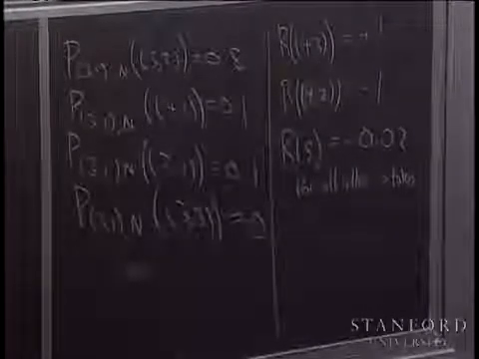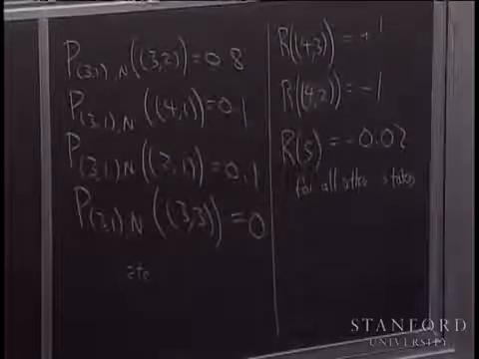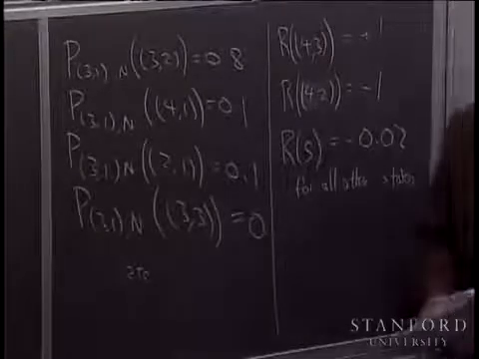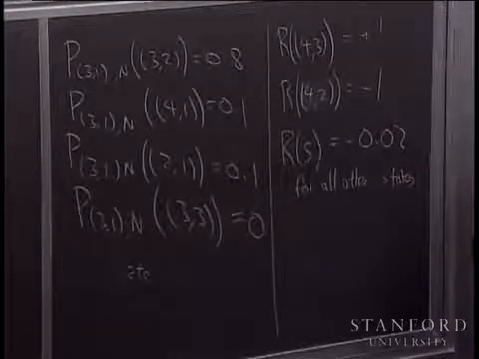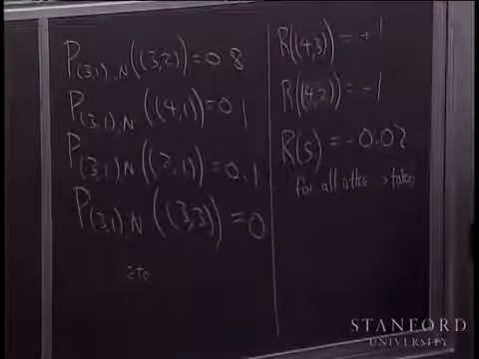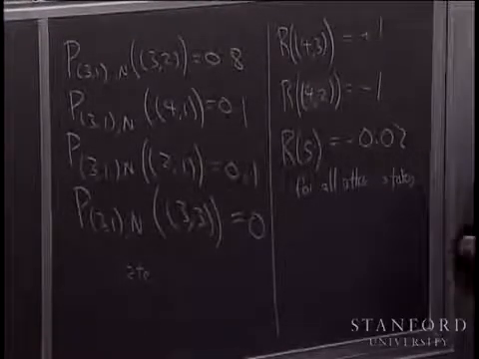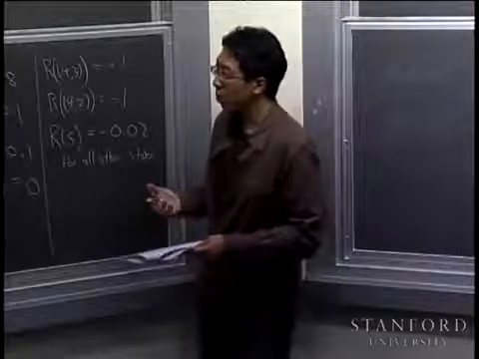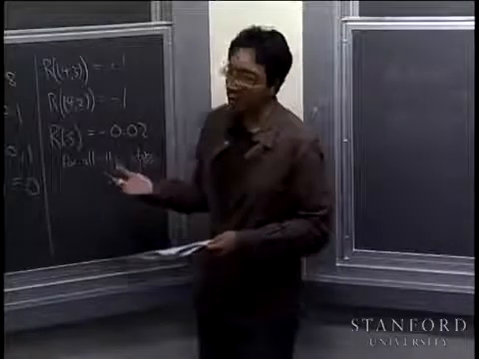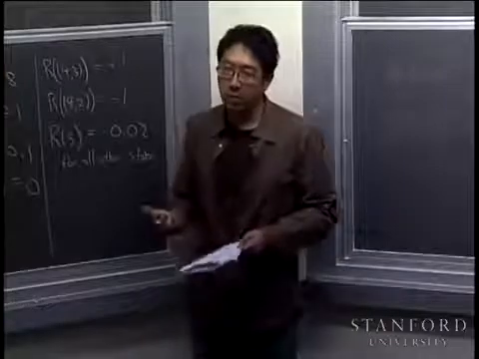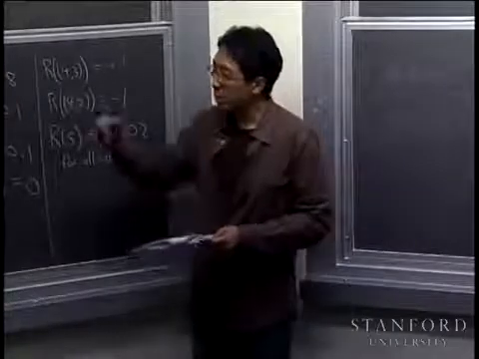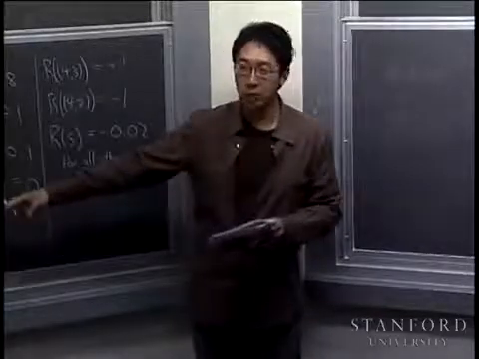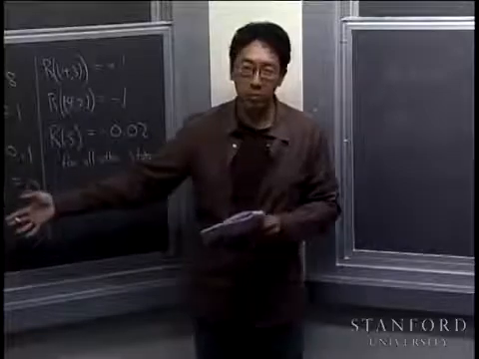Let me just mention there's one other complication that I'm not going to worry about. In this specific example, I'm going to assume that when the robot gets to the +1 or the -1 reward, then the world ends. You get to the +1 and that's it. There are no more rewards, positive or negative, after that. There are various ways to model that. One way to think about it is you might imagine that there's actually a 12th state, sometimes called the zero cost absorbing state, so that whenever you get to the +1 or the -1, you then transition with probability 1 to this 12th state, and then you stay in this 12th state forever with no more rewards.